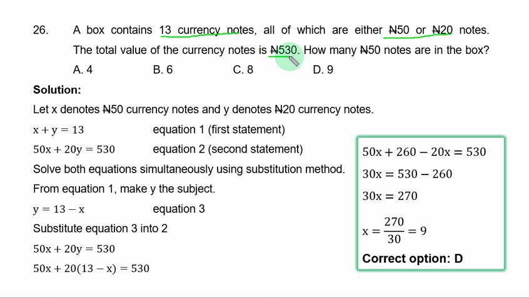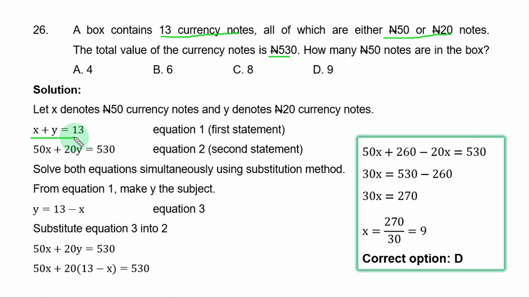So let's denote the 50 naira note with S and 20 naira note with Y. From the question, you combine S and Y, it gives 13. That is S plus Y equal to 13 from the first statement. Now, from the second statement, the total value, that is 50S plus 20Y equal to 530.